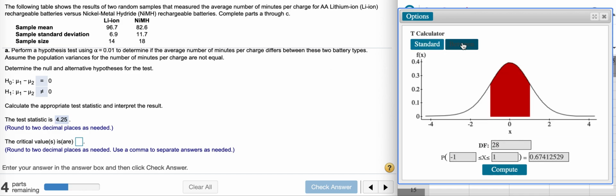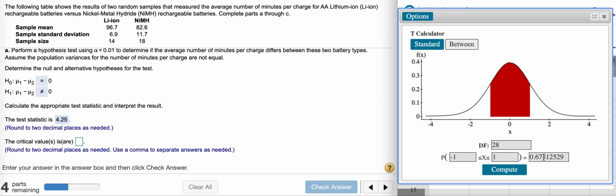Here, we're going to be doing things between, and the reason I say between is we're doing a not equal to, a two-tailed test. So the two tails are going to add up to be 0.01, and the area in the region in the middle should be 0.99.